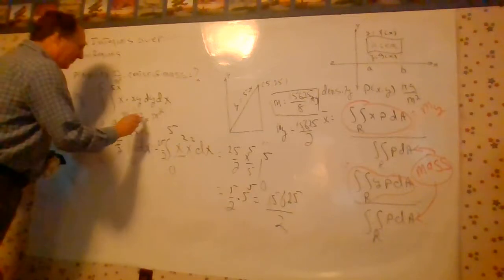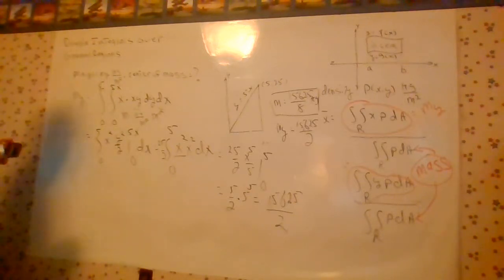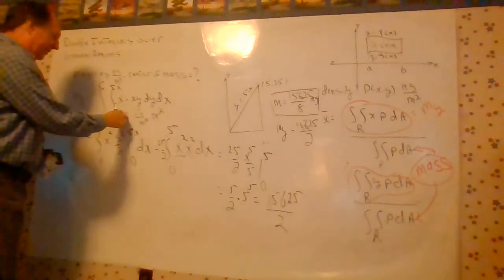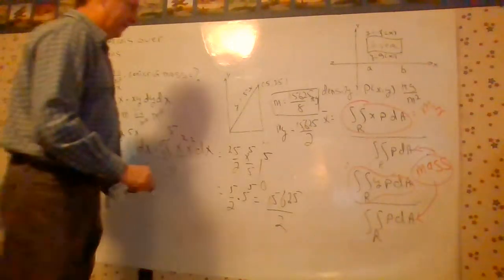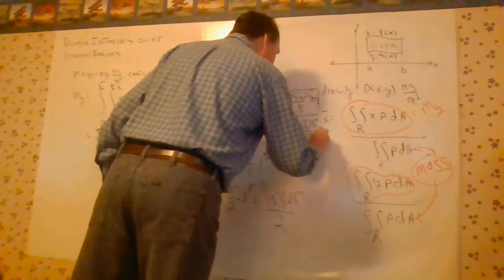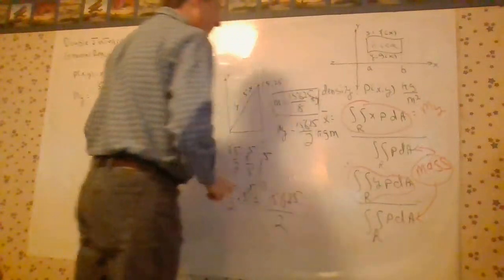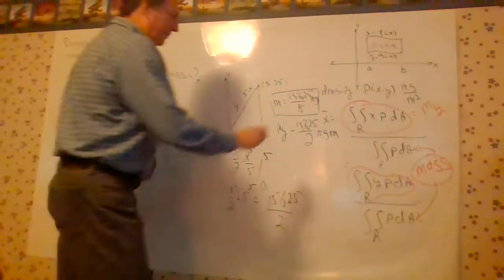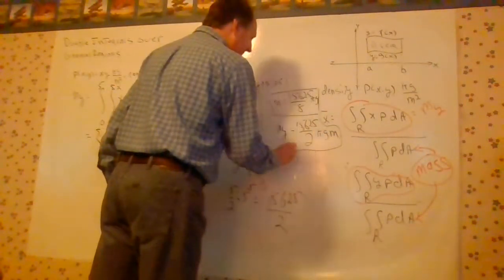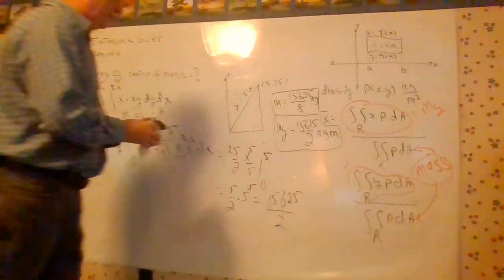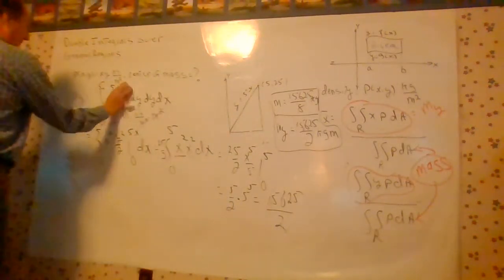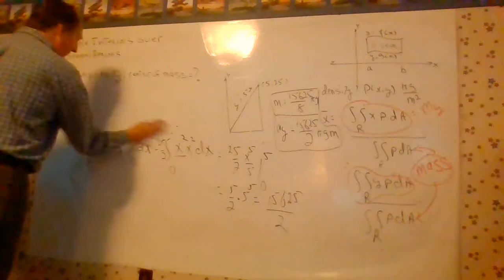So the meters squared cancel, and then we have kilogram meter. That's the units on here. So that is our second part. We can do calculations at the end after we do all these moment calculations.